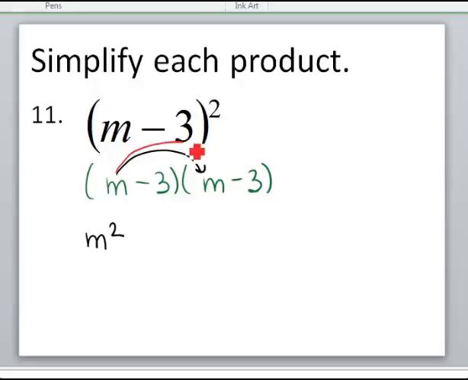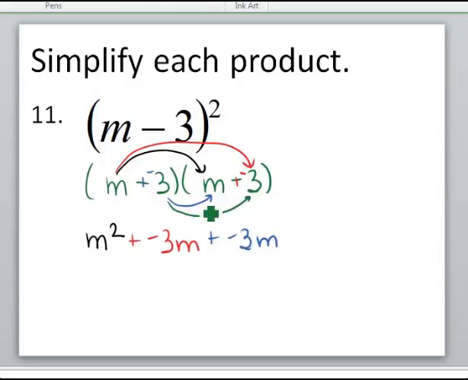I'm going to take my outer terms and multiply them together, which gives me m times -3, which is -3m. And then I'm going to take my inside term, -3 times m, which is -3m. Then I'm going to take my last terms and multiply them together. -3 times -3 is a +9. So I've got m squared, -3 and -3 is -6m, and then plus 9.